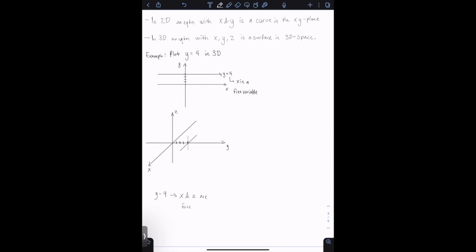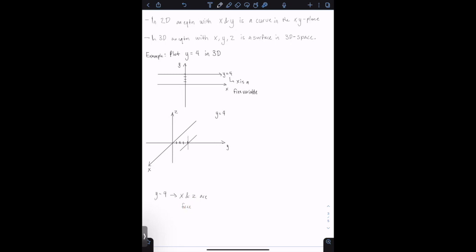Z is missing from this y equals 4 equation. So in this case, x and z are free variables.